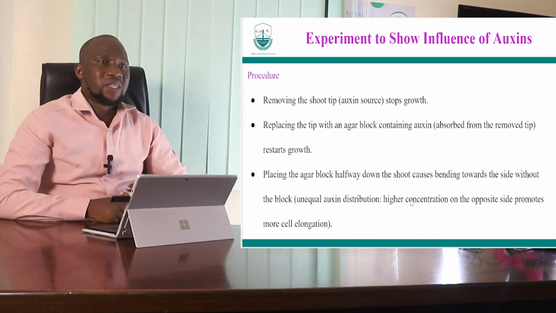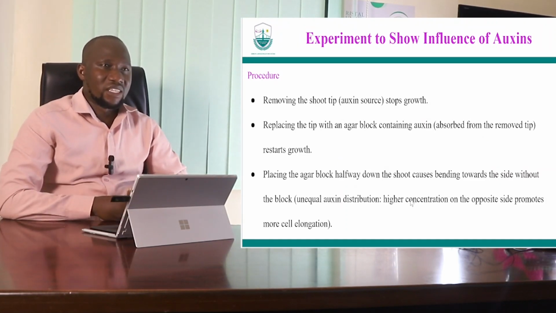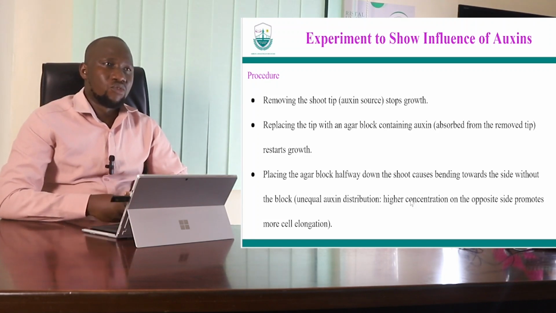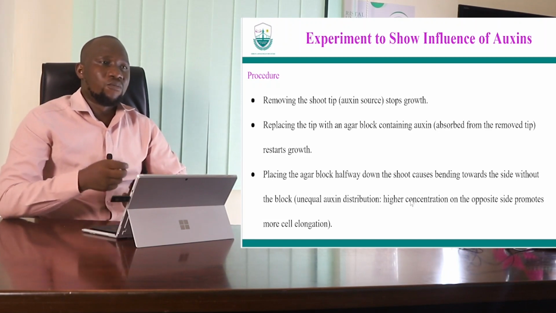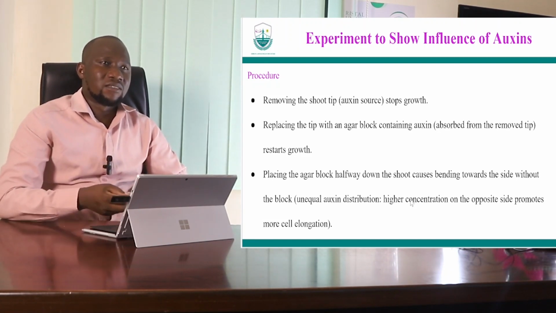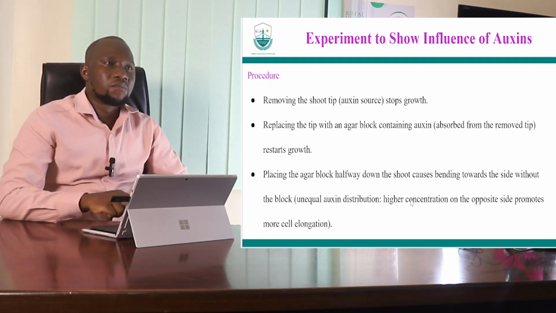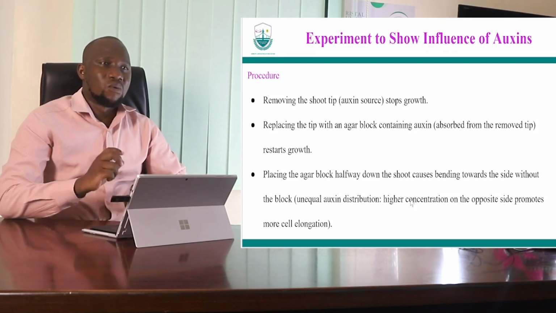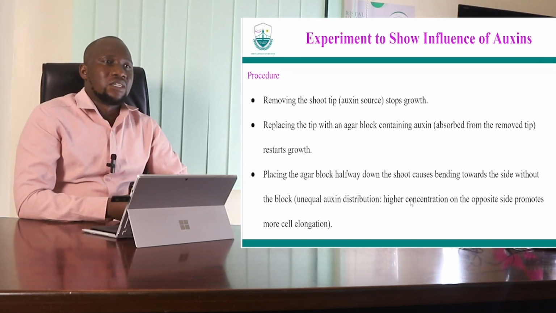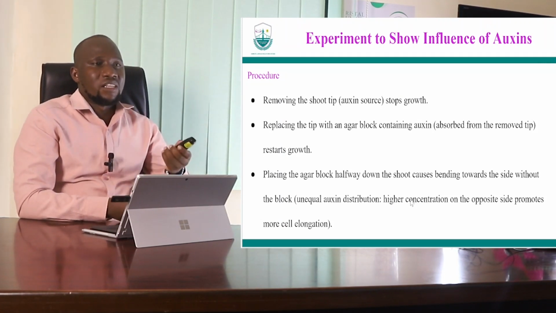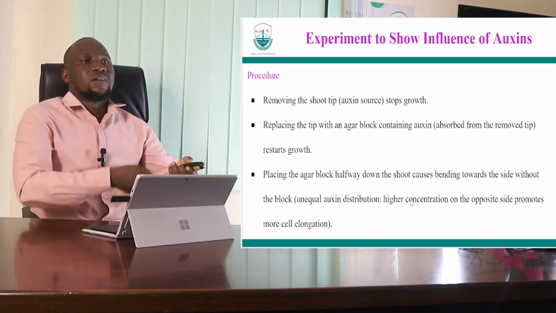Okay, so basically that is what I've just explained: if you cut it, you remove the source of the auxins and growth will not happen. When you place it on agar, the auxins will diffuse, and then the agar will contain the auxins. If you place it on the cut shoot, you will see that the growth happens again.